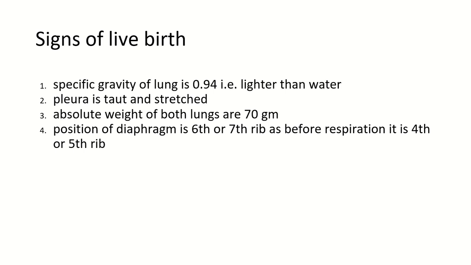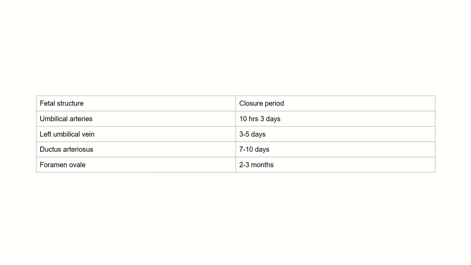Position of diaphragm is 6th or 7th rib, as before respiration it is 4th or 5th rib. Now the fetal structure and the closure period. Umbilical arteries 10 hours 3 days, left umbilical vein 3 to 5 days, Ductus venosus 7 to 10 days, foramen ovale 2 to 3 months.